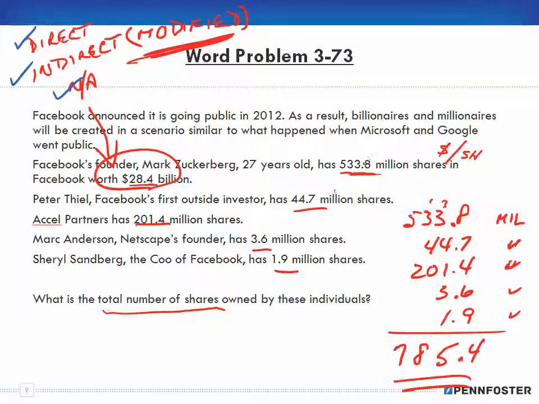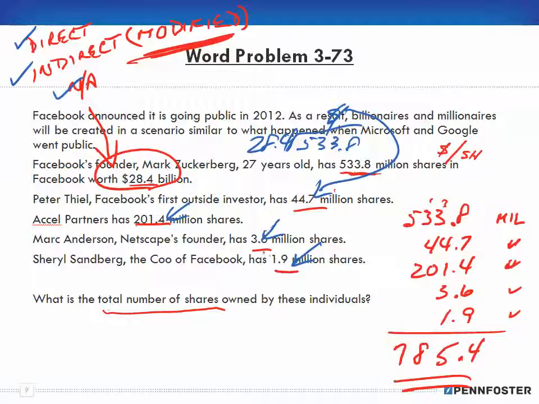In other words, if I wanted to know the total value, I'd have to modify this information. I'd have to take the 533.8 million and divide it by 28.4 to come up with some dollar value, and then use that value and multiply it by the 44.7, by the 201, by the 3.6 and 1.9. That's modifying indirect information in order to come up with something that I can use to actually answer the question.